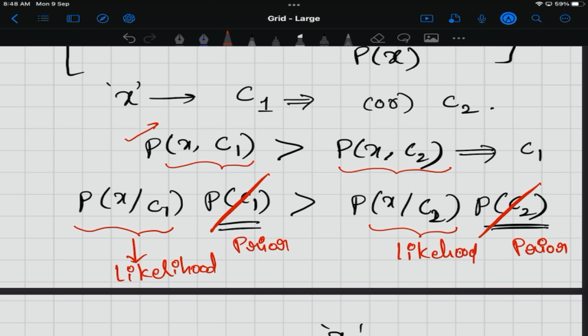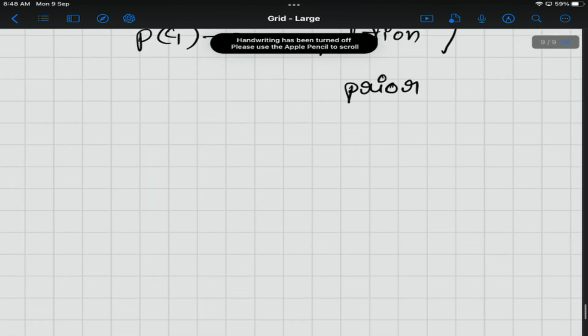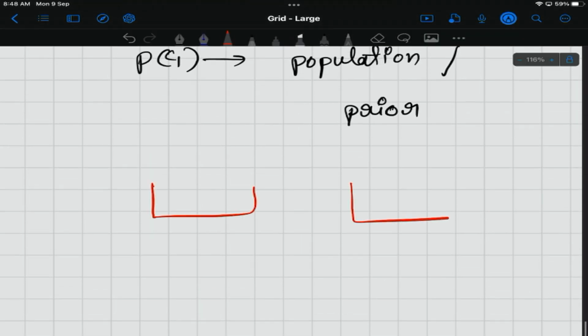Okay, I think this is what you have done in your Bayes. You don't do joint PDF estimation in your Bayes classifier. You do only this likelihood estimate or this conditional PDF. So now, if you have this C1 and C2, you don't do joint, you do this.